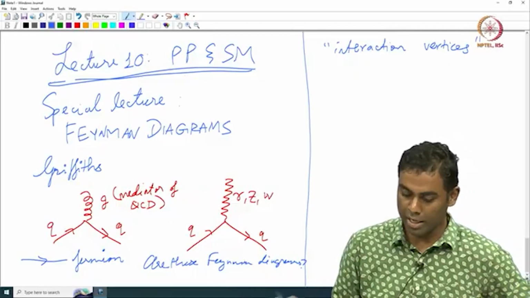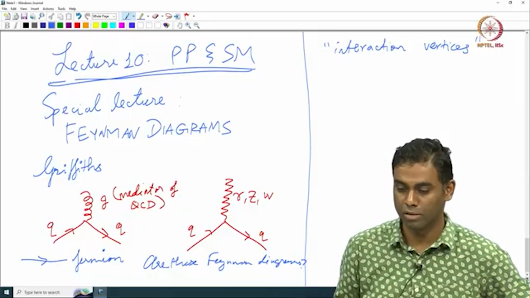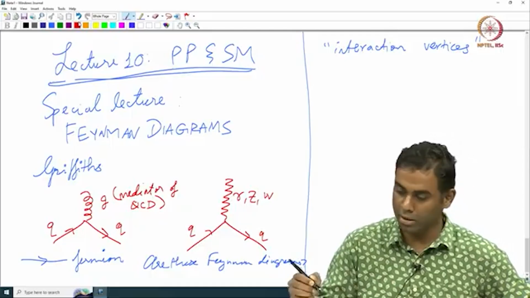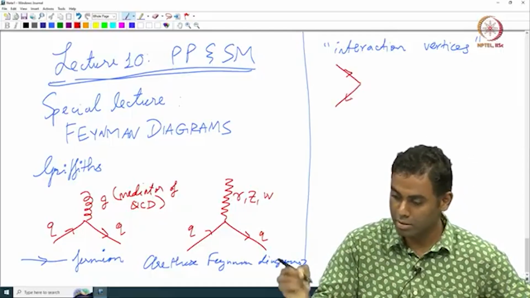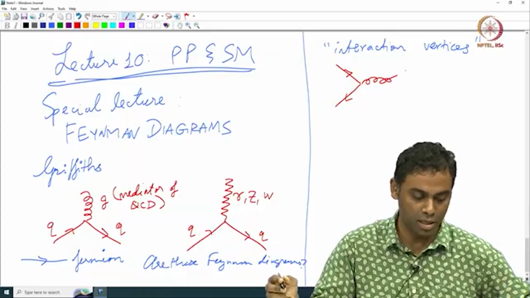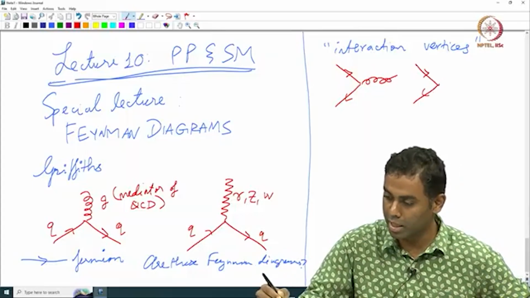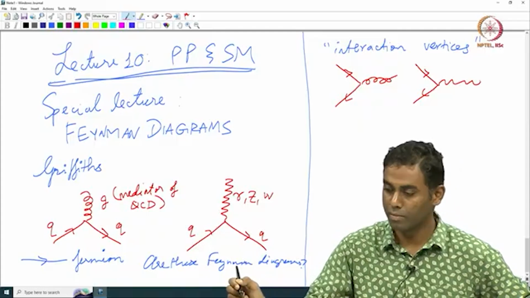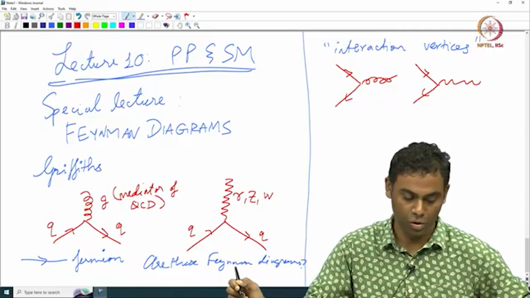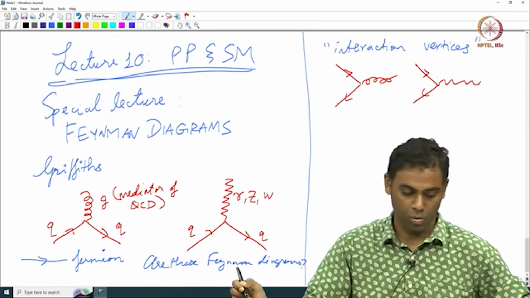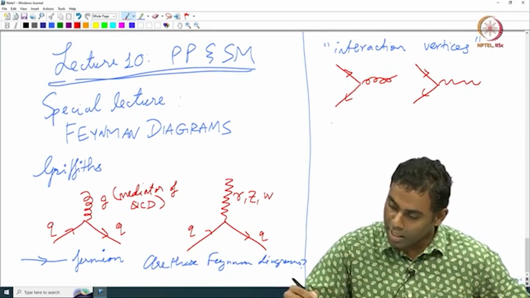So, I can draw this in any orientation I want. For instance, the same thing I can draw like this. The arrow means nothing here, the fermionic arrow. I can draw the same diagram like this also. Now, can I ever have a diagram like this?